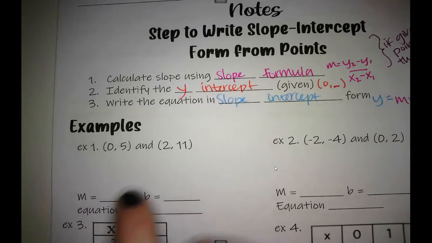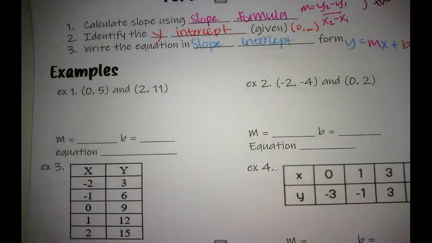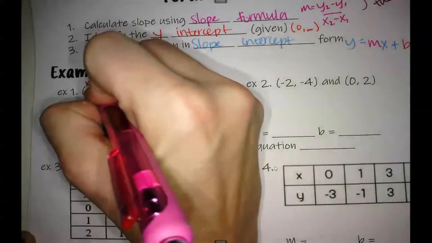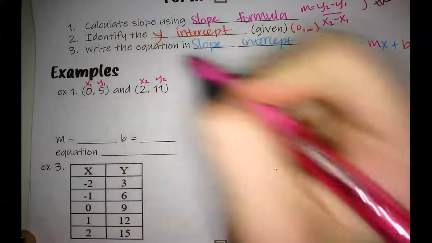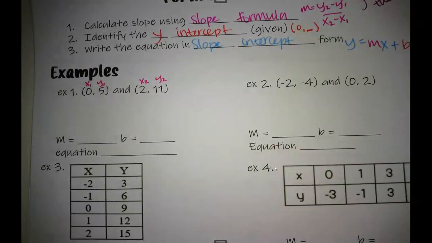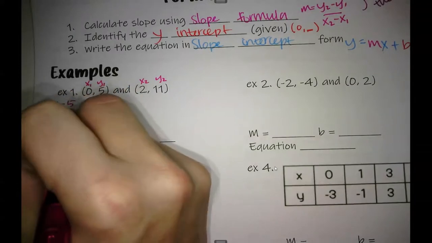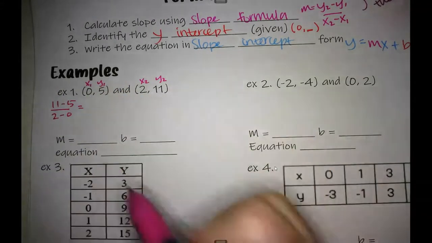So example 1, we want to do the steps above. So we're going to use our slope formula between these 2 points, x1, y1, x2, y2. Label, label, label, always label, I always label. So we've got 11 minus 5 over 2 minus 0.